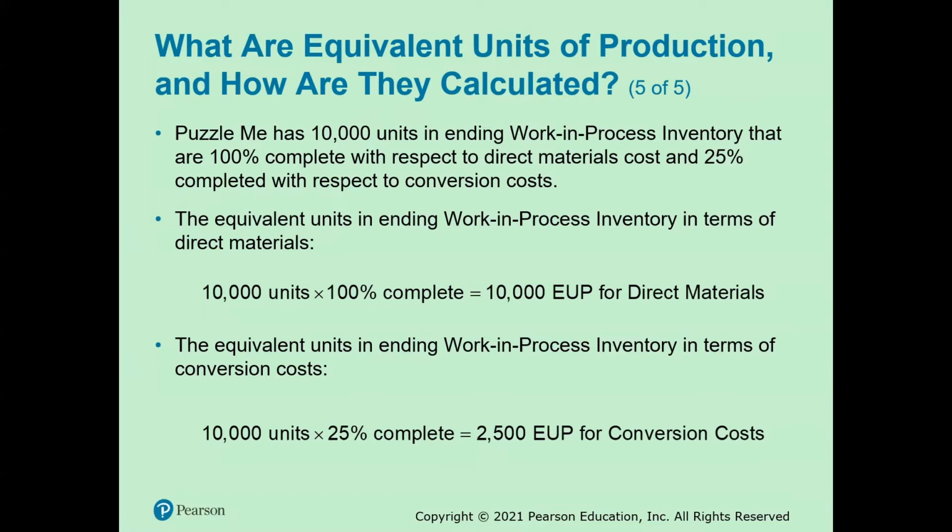Now, this example illustrates an important point. That is, the equivalent units of production can be different for direct materials and conversion costs, and therefore must be calculated separately.